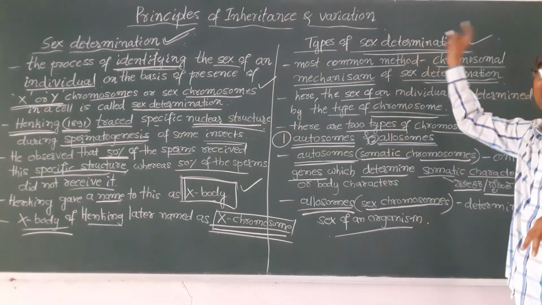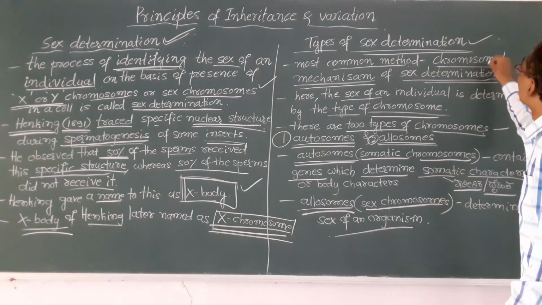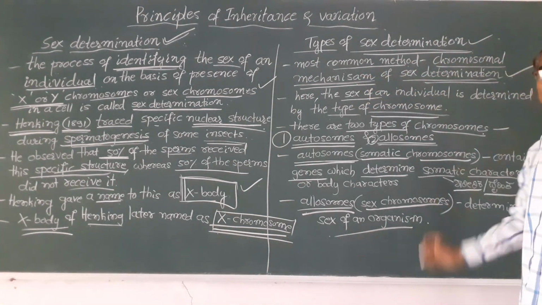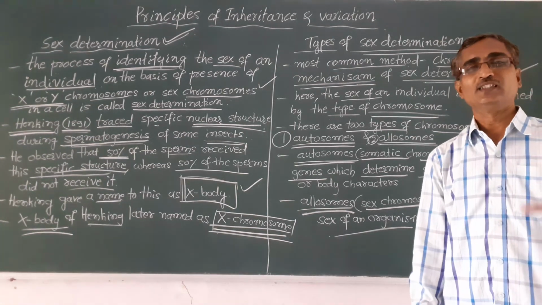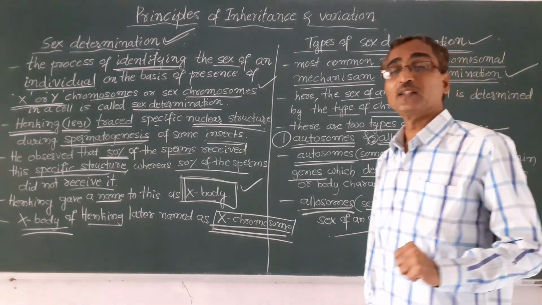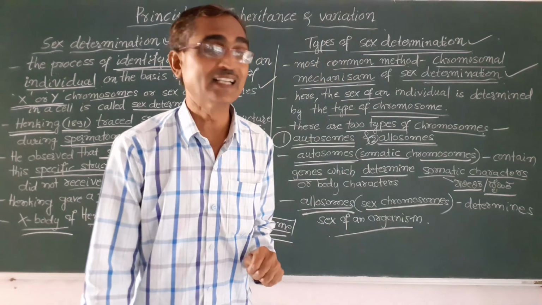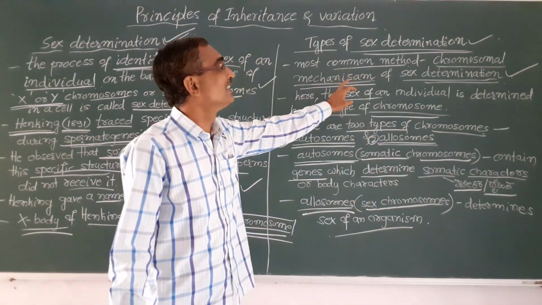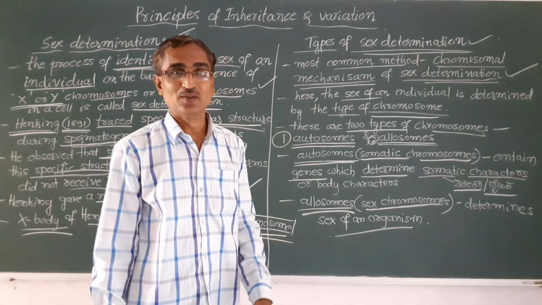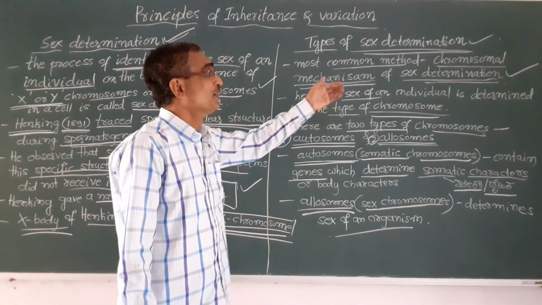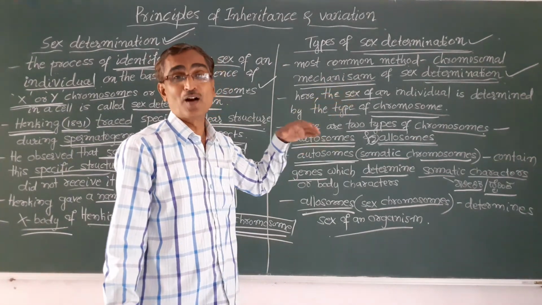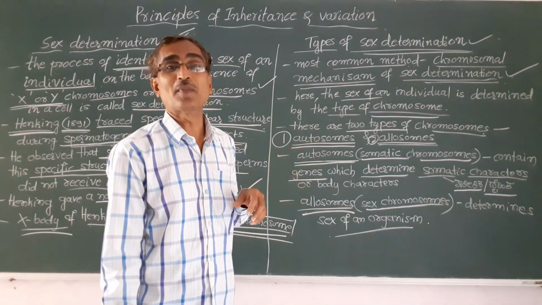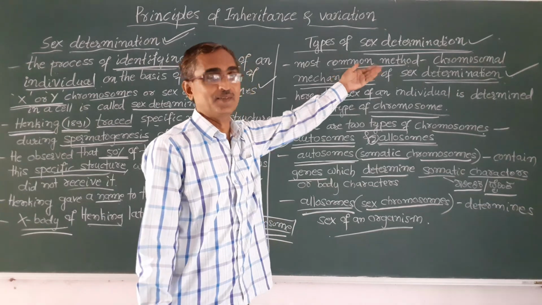The most common method of sex determination is the chromosomal mechanism of sex determination. Let us see how the sex is determined in this method.